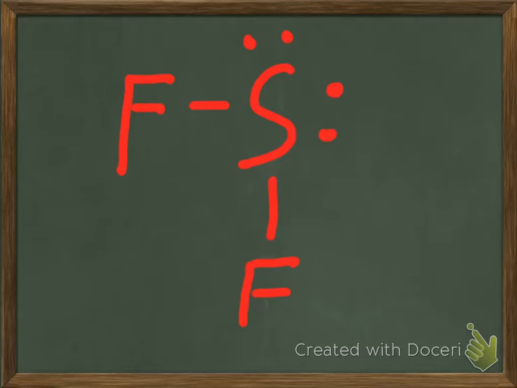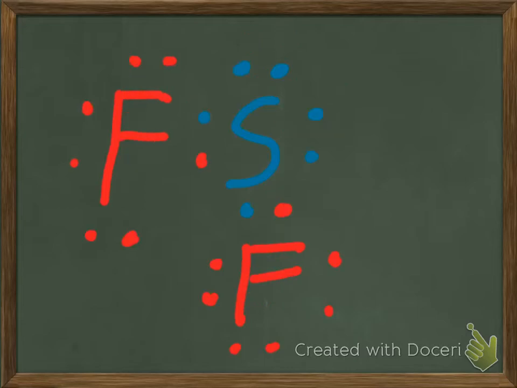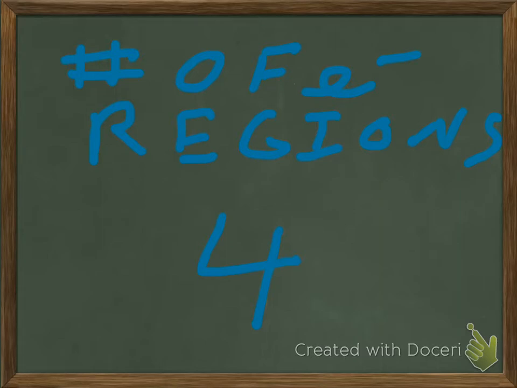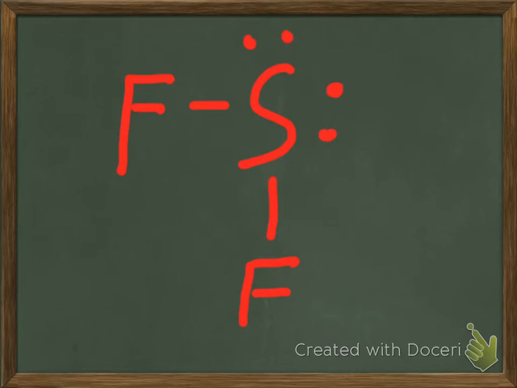What shape is this? And so the first thing, if you remember, we go on back here, number of electron regions is, I need to look around my atom, how many electron regions do I have? And I'm going to go back to my formula here. Well, around my central atom is sulfur. That's what everything else is bonded to.